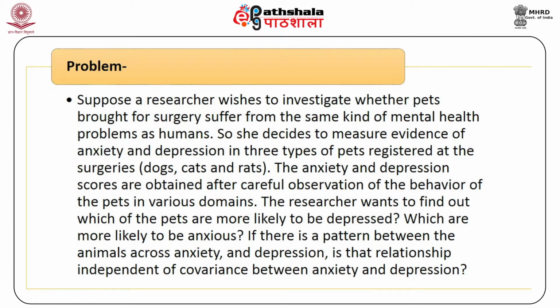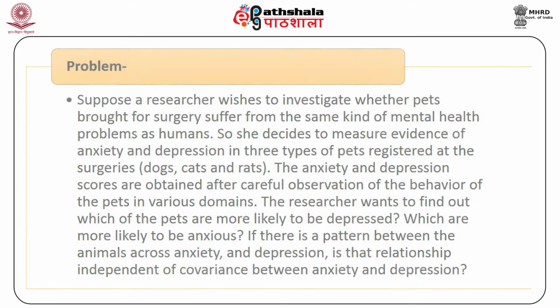The researcher wants to find out which of the pets are more likely to be depressed, which are more likely to be anxious, and if there is a pattern between the animals across anxiety and depression. And is that relationship independent of covariance between anxiety and depression? So, let us see how we proceed with the data upon application of MANOVA.